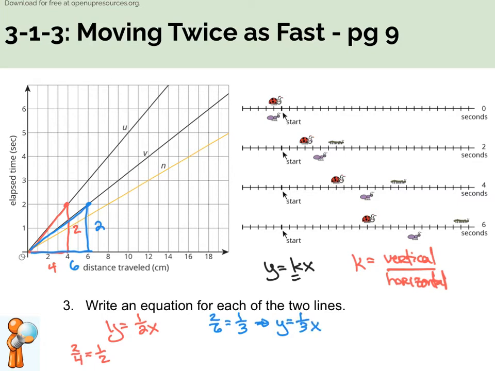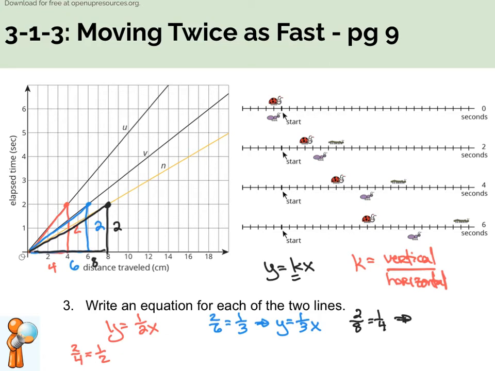And then we're going to do the spider. Spider is that third one. And then we can go ahead and do a slope triangle. Again, you can put your slope triangle anywhere you want. I'm just doing it here so we can kind of see them. So we have it as 2, and then the bottom part is 8. So we have 2 over 8. That reduces down to 1 over 4.